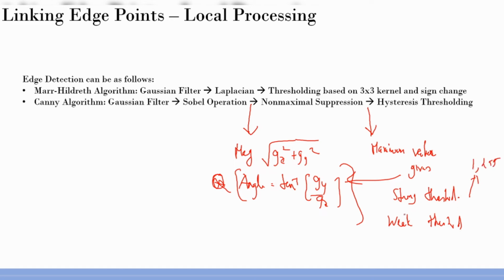And anything between the weak and strong, where we are not very sure about whether it belongs to the edge or not, gets some intermediate value, let's say 128, or 0.5 in normalized. If it's the 255 unsigned int 8 range, then it will be 128. And anything below this, you put to 0, right?